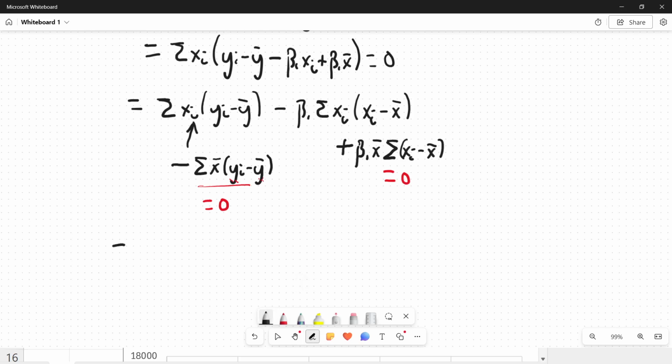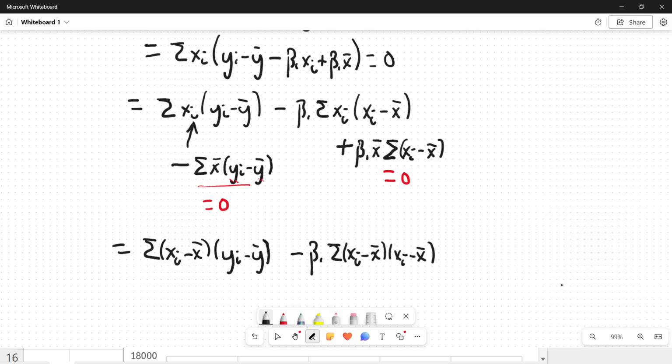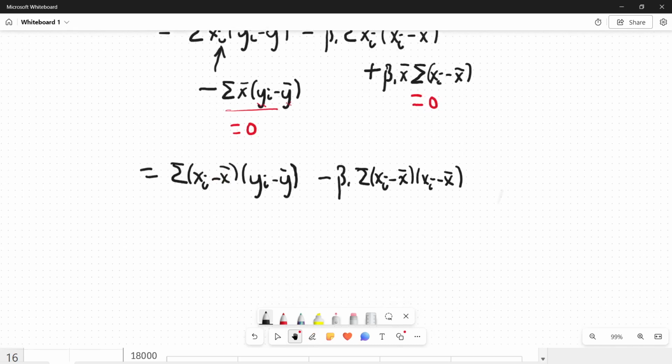So I'm going to wind up with the sum of all the xi minus x bar times yi minus y bar. And then for this other term over here, I'll say minus beta 1, the sum of all the xi minus x bar times xi minus x bar. What will I do with that?